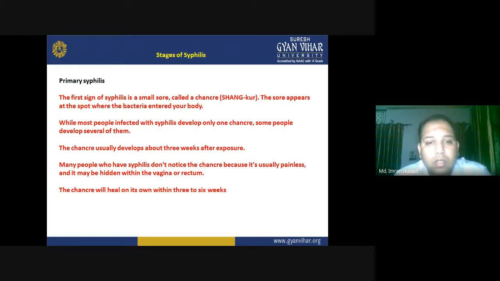The canker usually develops about 3 weeks after exposure. Many people who have syphilis don't notice the canker because it's usually painless, or it may be hidden within the vagina or rectum. The canker will heal on its own within 3 to 6 weeks.